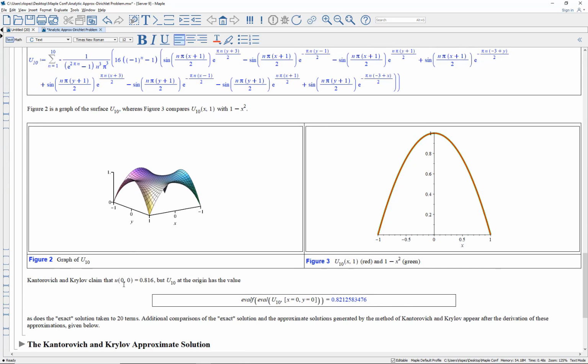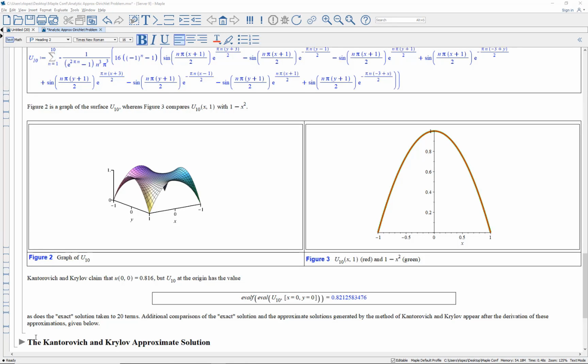Now, Kantorovich and Krylov claim that at the origin, the value of the exact solution should be 0.816. If we evaluate U10 at the origin, we get 0.821. And I even tried with 20 terms, U20, I get the same number. So U10 seems to be pretty good to take as the exact solution.